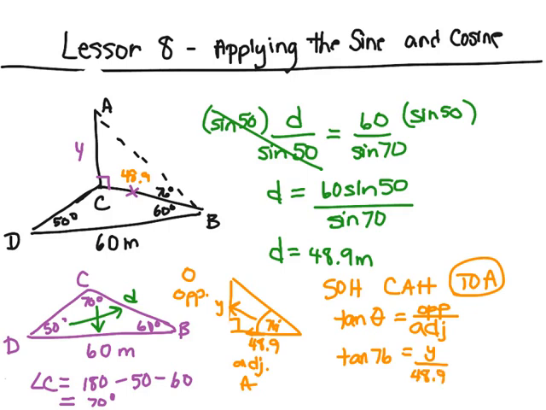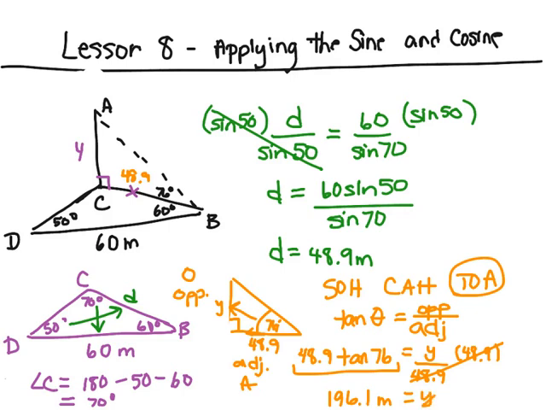To isolate Y, we're going to times both sides by 48.9. These will cancel. So you should type in 48.9 tan 76, and you should get 196.1 meters to be Y.